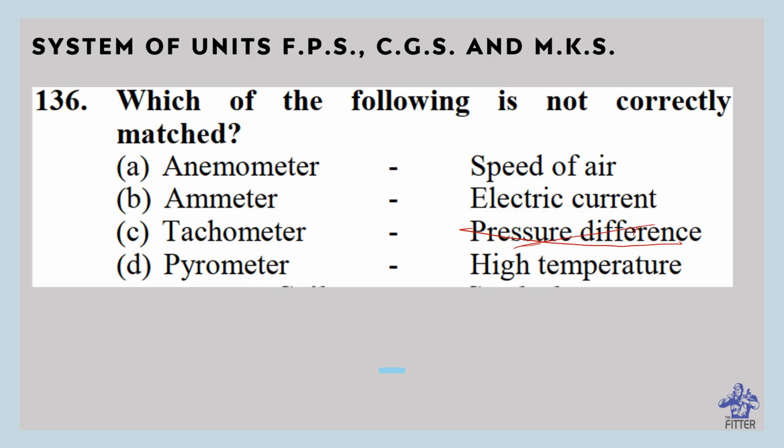Tachometer is rotational speed of shaft. Okay, barometer is high temperature. So option C is not correct.